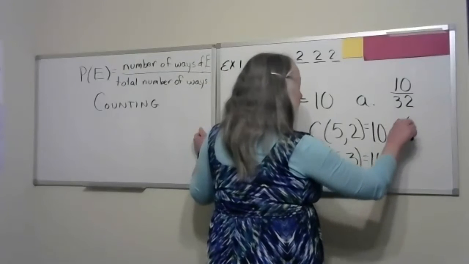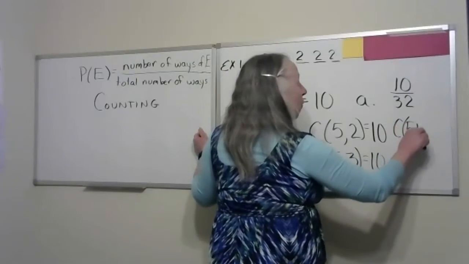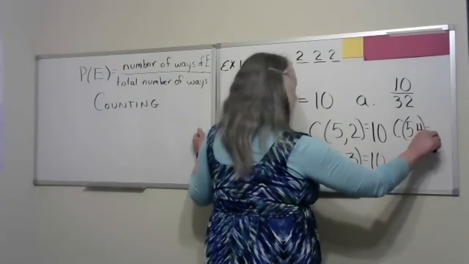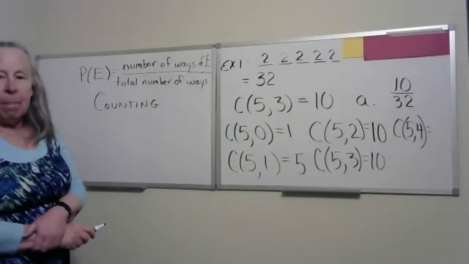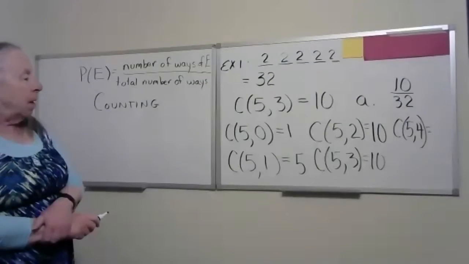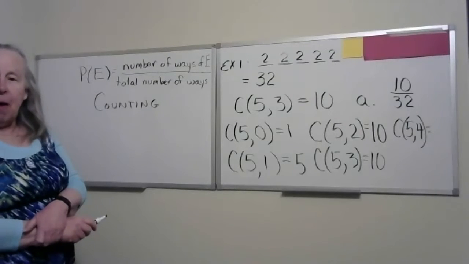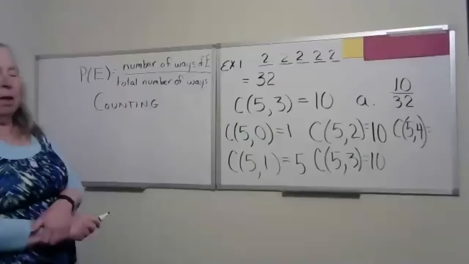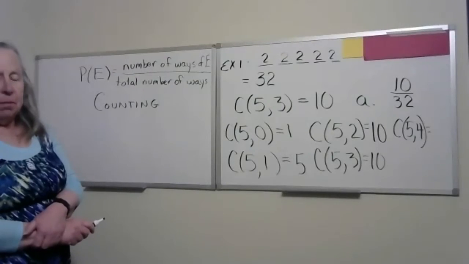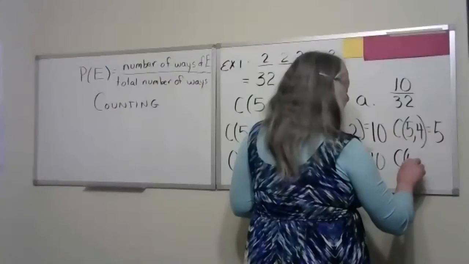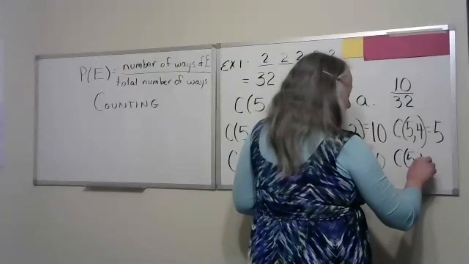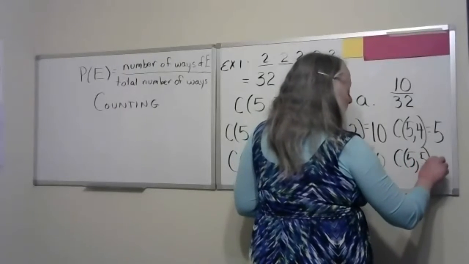We have 5 choose 4. Jake, what about 5 choose 4? I got 5 for that. Okay. And 5 choose 5.